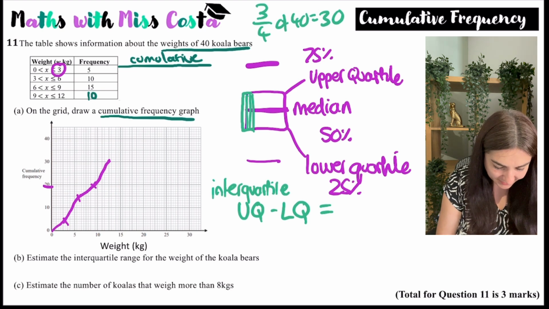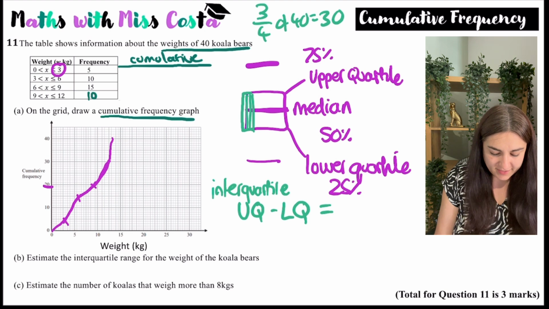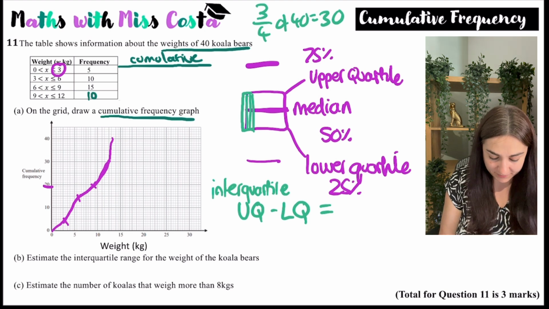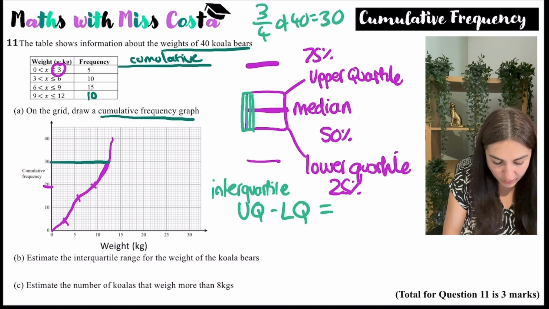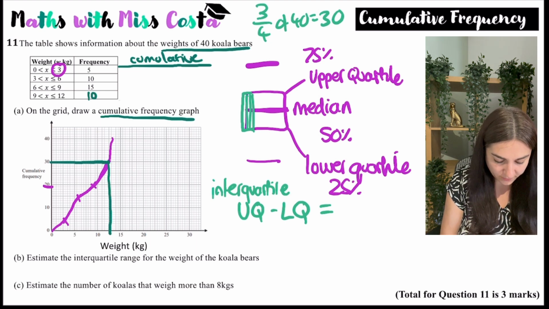Yep, so that would be a steep rise to 40. Okay, right. Anyway, the upper quartile is 30. I go along the graph and then I go down.